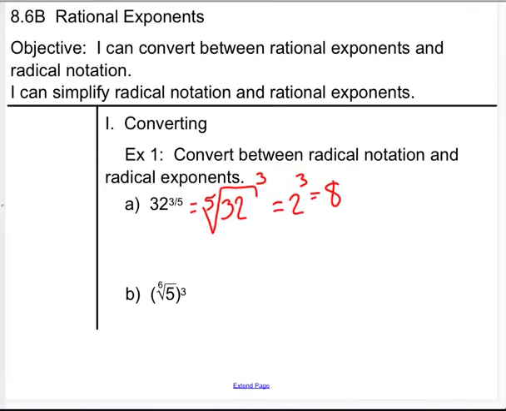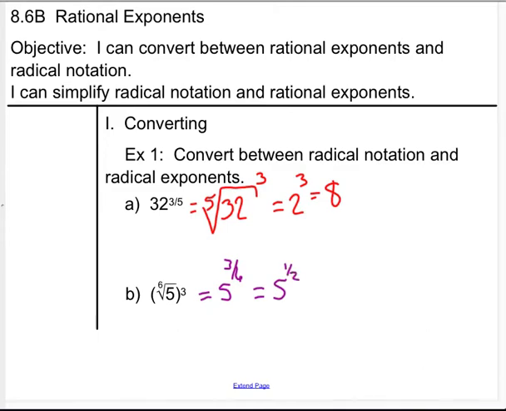All right, so our second one, we have the 6th root of 5 cubed. Well, 5 is definitely not a perfect 6th. So I'm going to go ahead and rewrite this as a rational exponent. Remember, the power goes in the numerator, so in this case, 3 is the power, and the root goes in the denominator, so 6 goes in the denominator. What I notice is 3/6 simplifies to 5 to the 1/2 power.